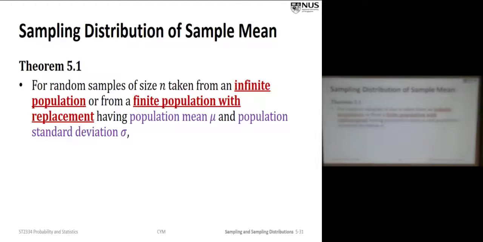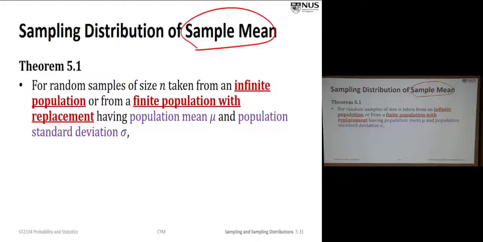So here is a theorem about the behavior of the sample mean, which is 1 over n summation x_i, i from 1 to n. So we take a sample of size n from an infinite population, or a finite population with replacement.